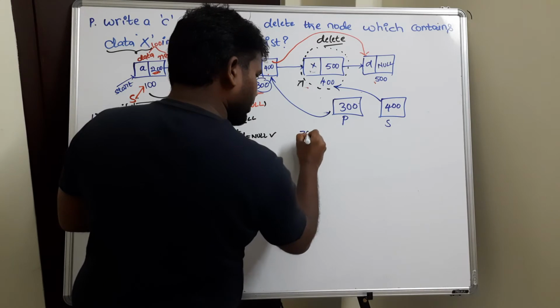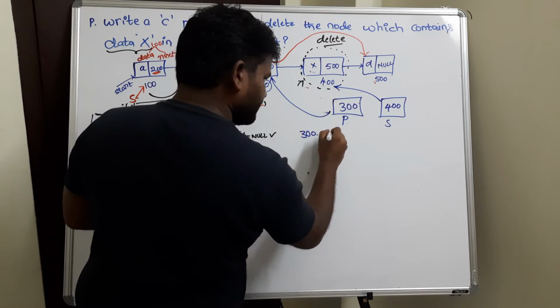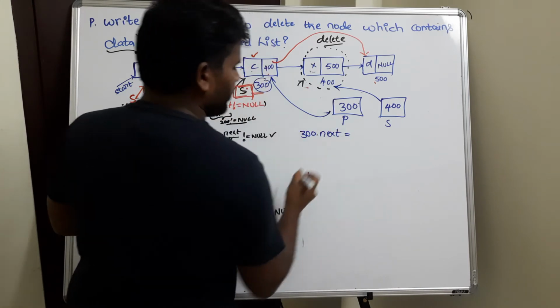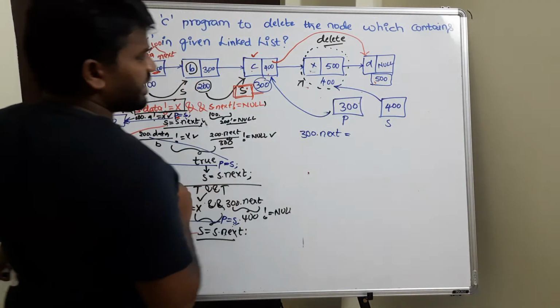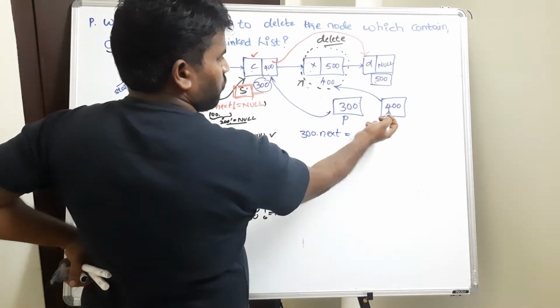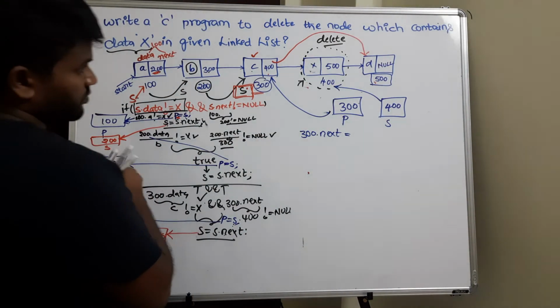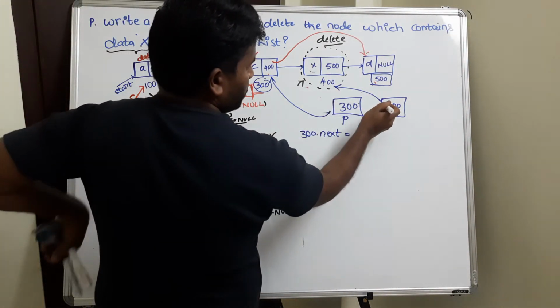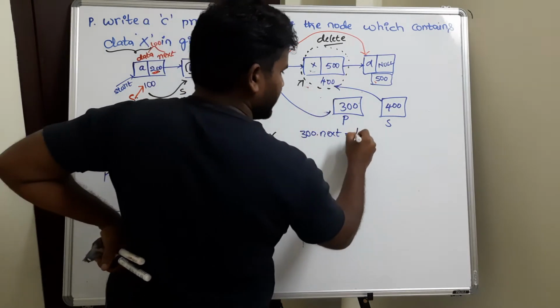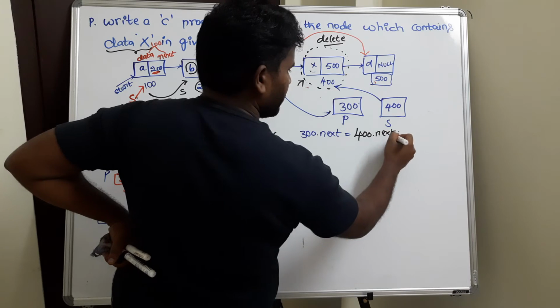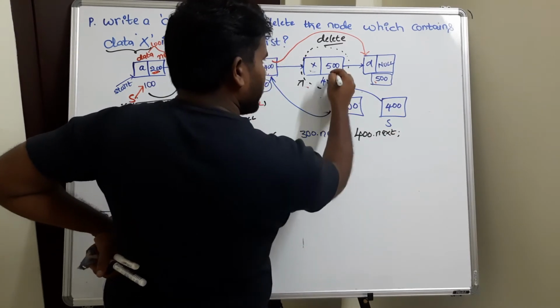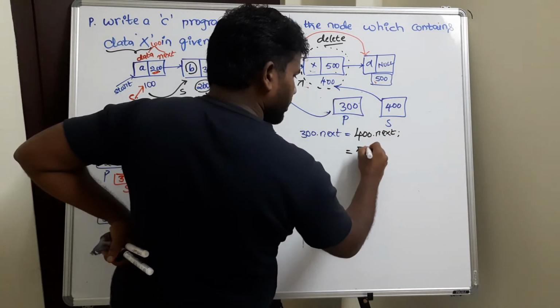That is 300 dot next equal to, we need to allocate this 500. How can we get that 500? See, 400 dot next. What is this 400 dot next? 500.